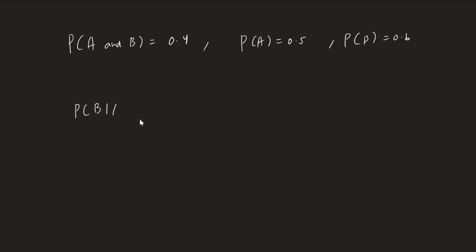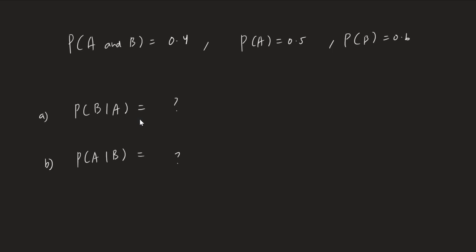So I give you the probability of A and B as 0.4. The probability of A is 0.5. The probability of B is 0.6. The question is the probability of B given A, and the second question is the probability of A given B.